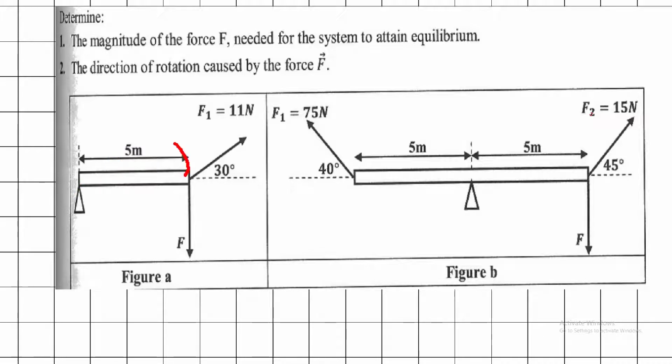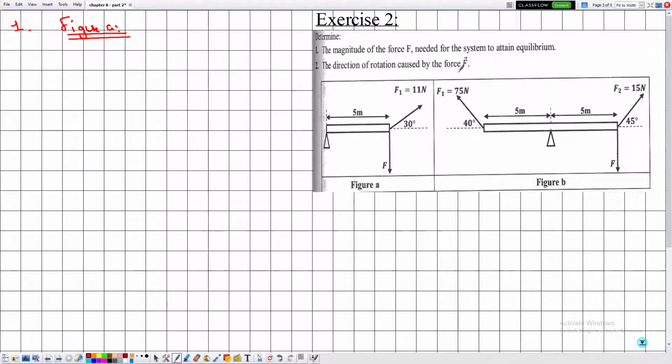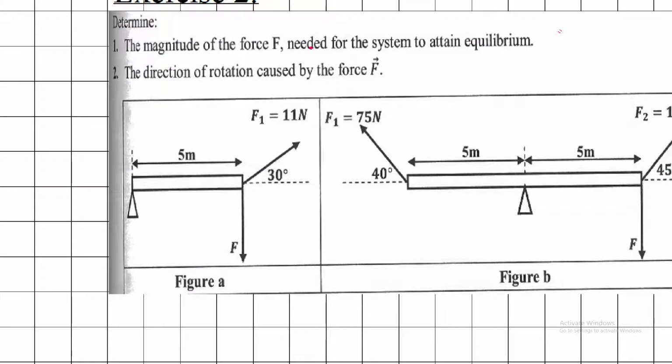It can rotate like this, and it can rotate like this, but it cannot move left or right. It cannot move up or down. Okay, so when they are talking about equilibrium, they are asking me the rotational equilibrium because these are already in the translational equilibrium. So we need to determine the magnitude of the force F needed for the system to attain equilibrium.